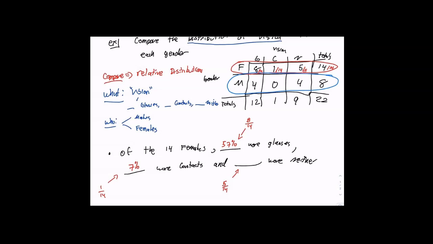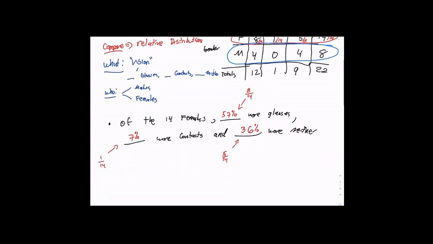And finally, we know the total is 100%, so 57 plus 7 is 64, which only leaves 36% left over. Boom, done. Am I done with the problem?